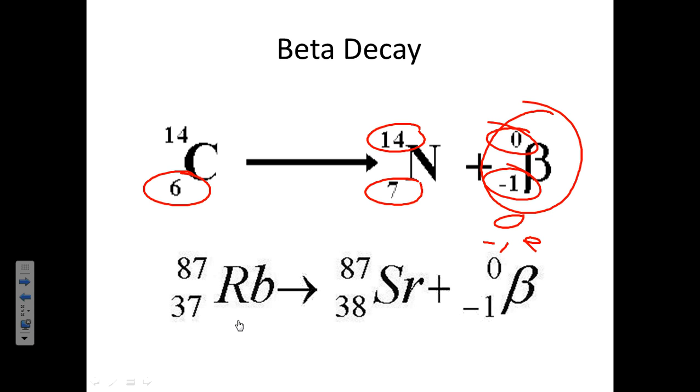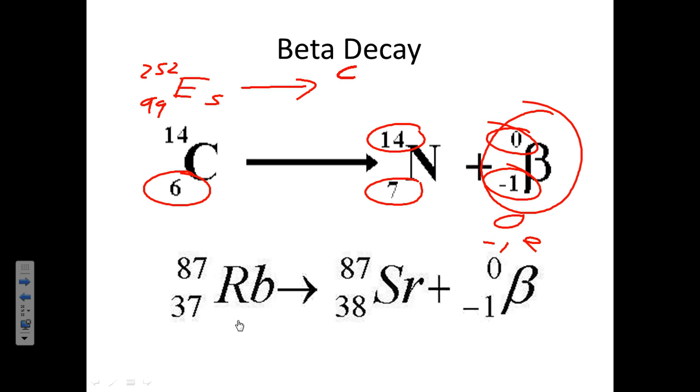So let's say, I'm not even sure if this element does beta decay, but we'll just make up one. Let's say that we wanted to see the beta decay of einsteinium. And I said, write out the equation for the beta decay of einsteinium. Look it up in the table.